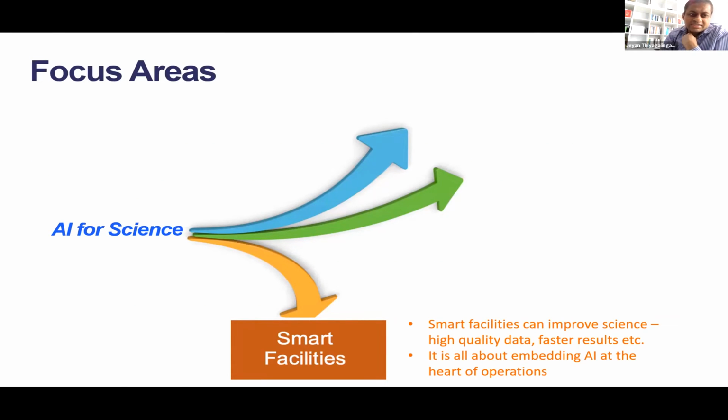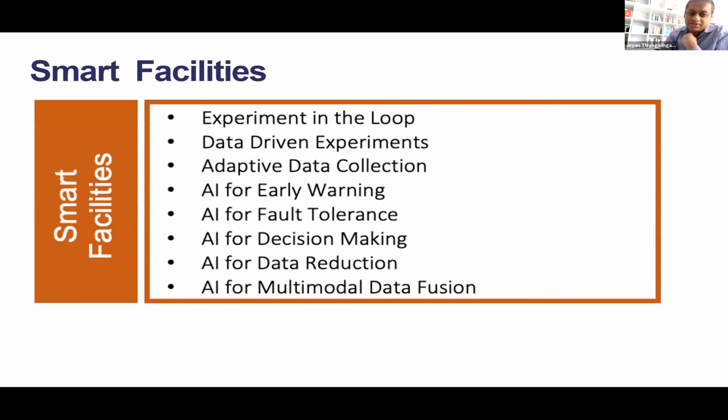On the focus areas, this is one of the growing areas here. There are lots of things: for example, data-driven experiments, such as when to stop the experiments, or early warning of when optics are going to get damaged. We also have lots of work around this space.